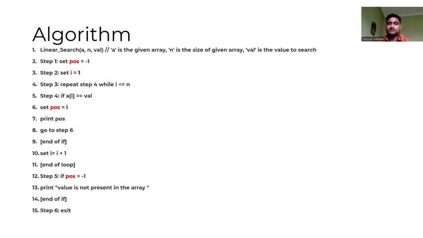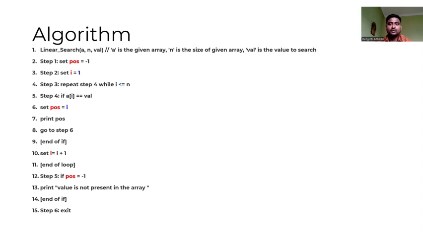Okay, and we print this pos and go to step 6. Step 6 means we simply exit from this algorithm. And at the end of the if, if the first iteration does not match the target value, what we have to do is set I equal to I plus 1, which means we are going forward to the next iteration.